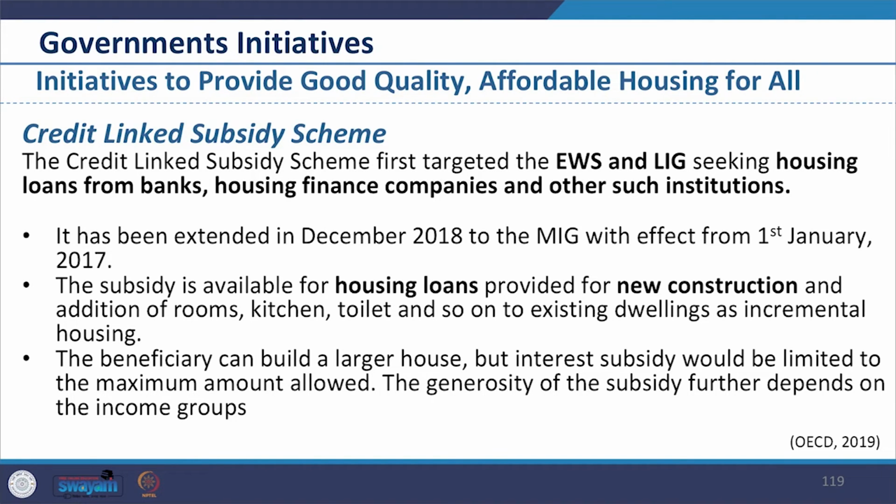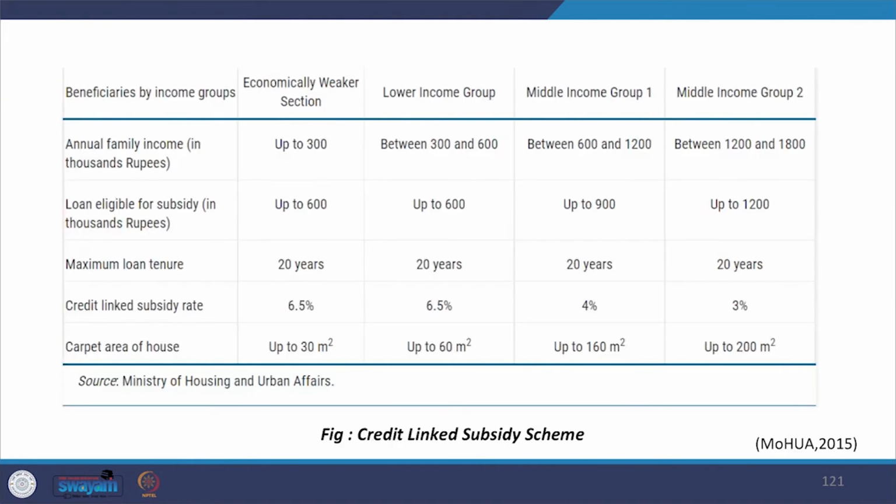The generosity of the subsidy further depends on the income groups. In the table, you can see beneficiaries by income groups such as economically weaker section, low income group, middle income groups, and the income capping, subsidy, loan tenure, credit-linked subsidy rate, and carpet area of the house.